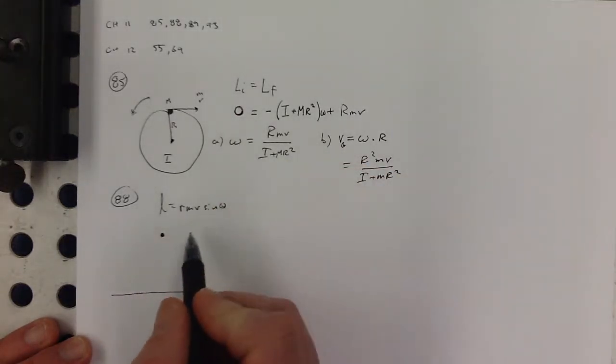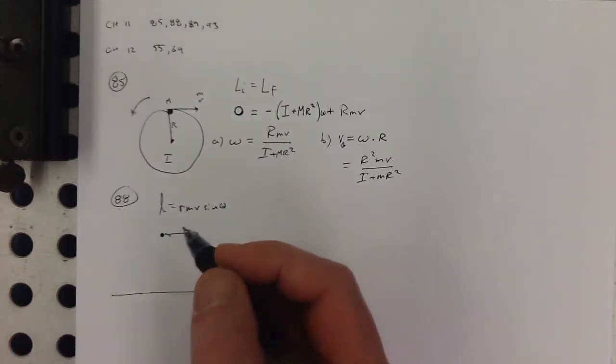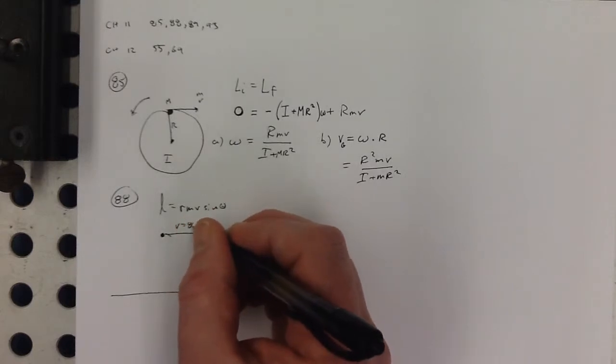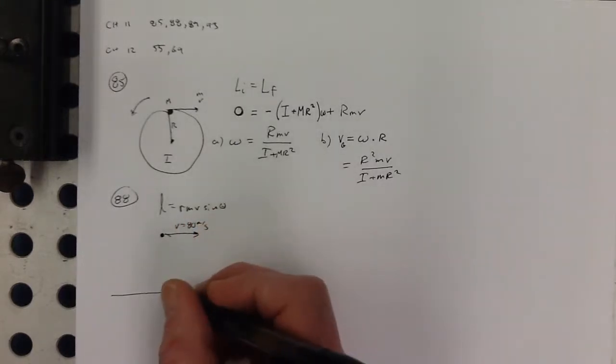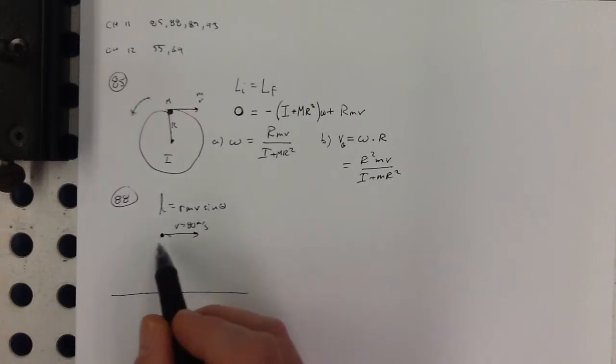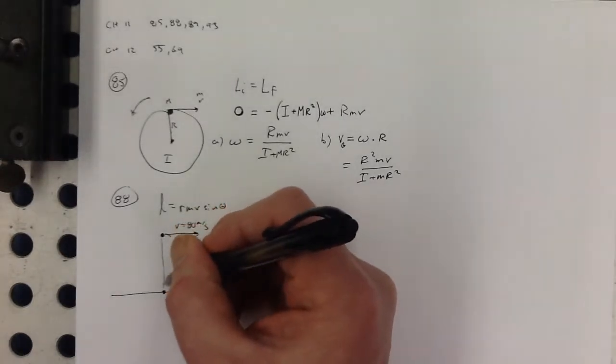If this is the plane and it's going this way at 80 meters per second, point directly underneath. In fact, it doesn't matter where that point is on the ground. This answer would be the same because the r perpendicular is always going to be the altitude of the plane.